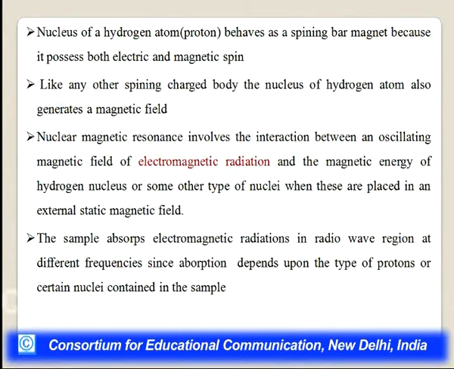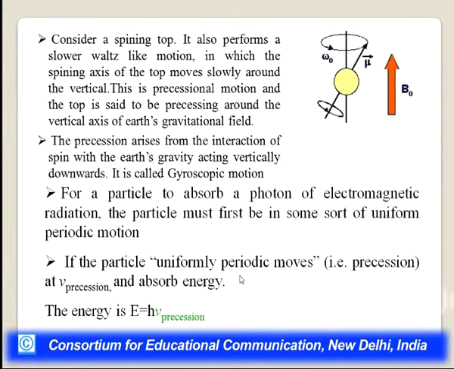And these are placed in an external static magnetic field. The sample absorbs electromagnetic radiation in the radio wave region at different frequencies, since absorption depends upon the type of protons or certain nuclei contained in the sample. Consider a spinning top.